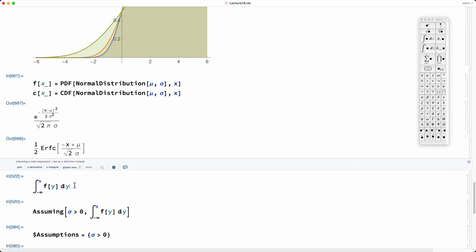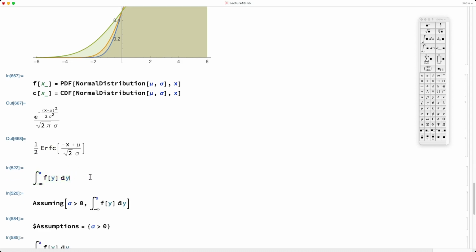We can also explicitly calculate this, so let's try and do it. The integral of f of x from minus infinity to x. That's the definition of the CDF, the cumulative distribution function. So let's try and do this integral. Mathematica is calculating.